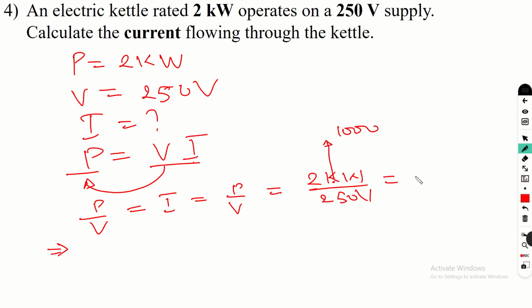So it's same as 2000 watts over 250 volts. So this cancels this, and this will give you 8. So you have 8 amperes will give you the current that flows through the kettle.